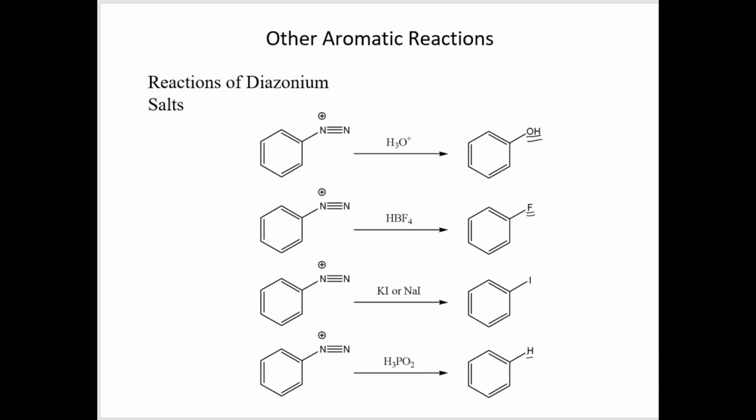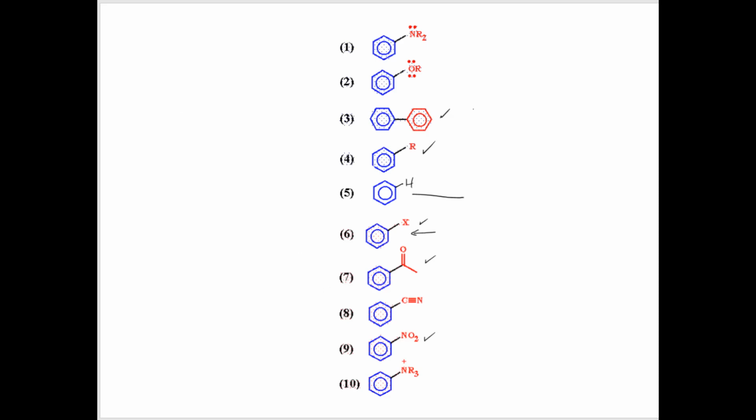Might be a reason to do that in the future, but all of these are important reactions because now they let us put the OH group on the ring, a fluorine and iodine. And so now I think we've actually completed our chart in terms of putting all of these groups on the ring. We know how to put a C triple bond N on there now. We know how to put a nitrogen group on the ring.